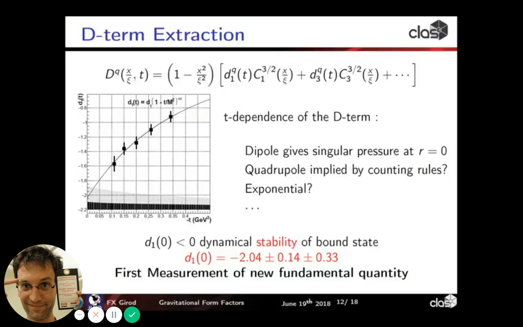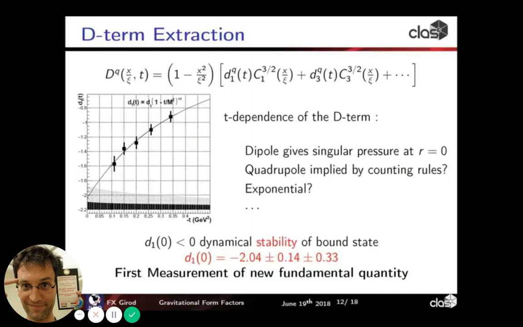The fact that this D1 of t here is negative is actually a very fundamental property, which is related to the dynamical stability of a bound state. This quantity here is the first measurement of what can be considered a new fundamental quantity on the same footing as the mass or the angular momentum or the electric charge, actually.